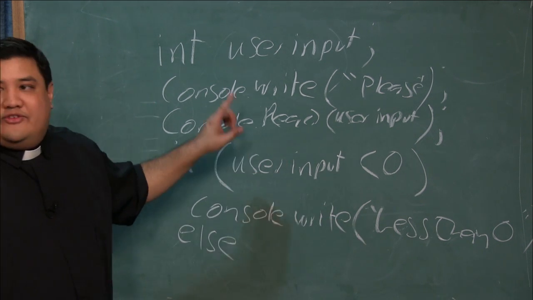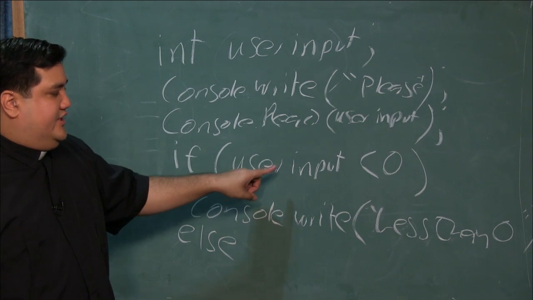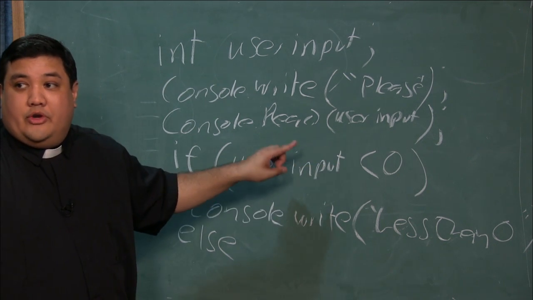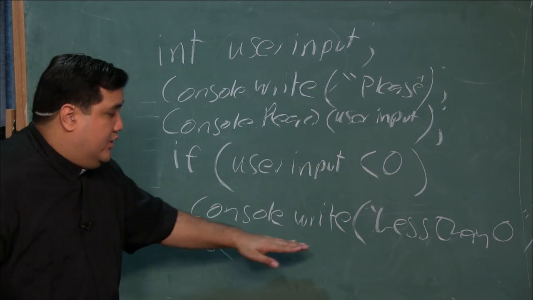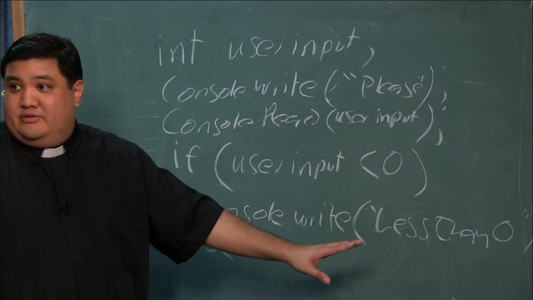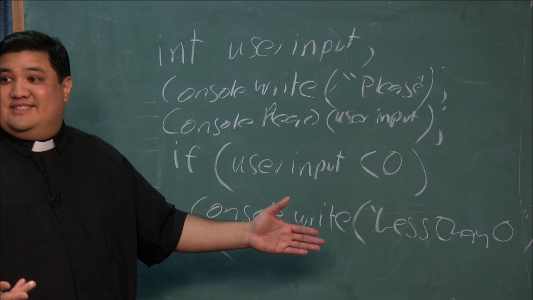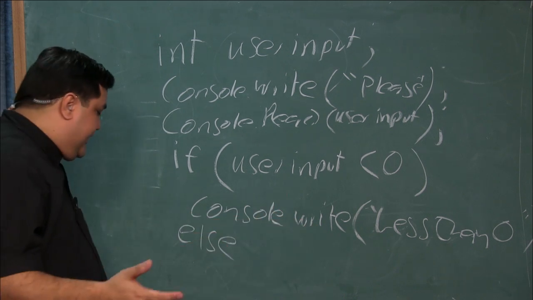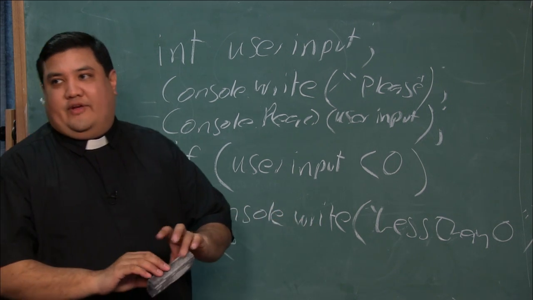So is 5 less than 0? No. It's not, so it's not going to write less than 0. It's going to go down to the else, and the else would be greater than 0. Correct? Yes, it would give me whatever that error is if it was incorrect. Exactly. So that's as simple as we can make the if-else statement.